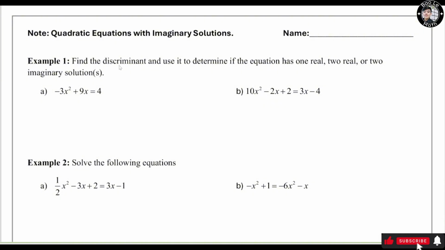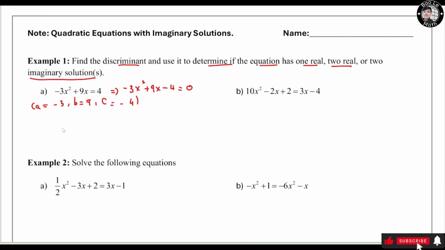Example number 1. Find the discriminant and use it to determine if the equation has one real solution, two real solutions, or two imaginary solutions. We need to convert this one to standard form. So it's going to be negative 3s squared plus 9s, subtract 4 from both sides, minus 4 equals 0. So a equals negative 3, b equals 9, and c equals negative 4.